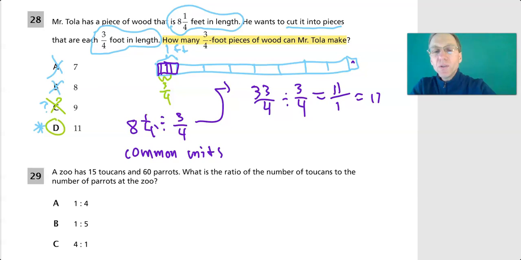So you may have also learned this. This is where you can see I can really save time, because if you just say, oh, it's division, so I have to do keep, change, flip no matter what, then you're going to end up with something like this. You're going to end up flipping the second one, and there's actually a quicker way to do that, but I guess I'll just go through this quickly. Then you'd have to end up multiplying this out, so 33 times 4, so now you're getting up to quite a bit.